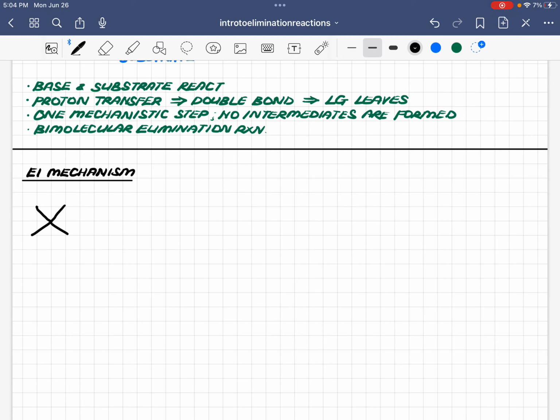We have some compound here with a leaving group. What we have happening is the leaving group leaves. And we form a carbocation intermediate.